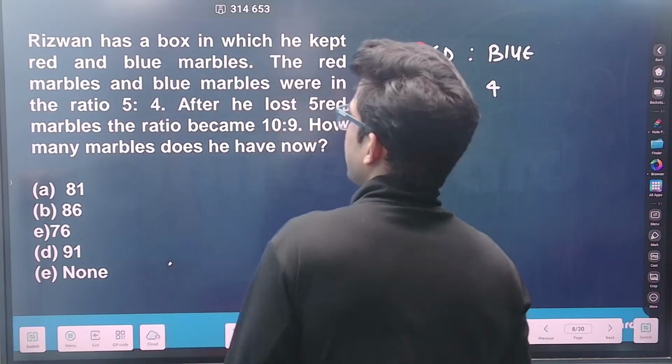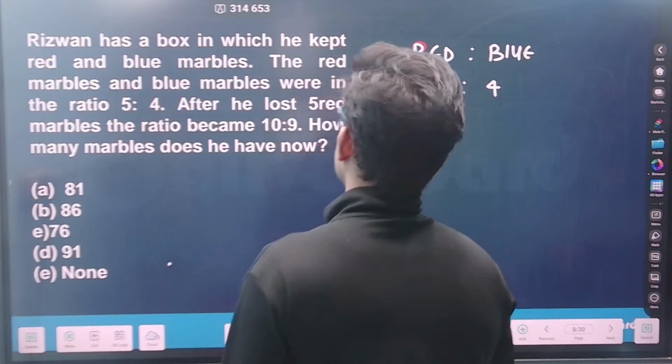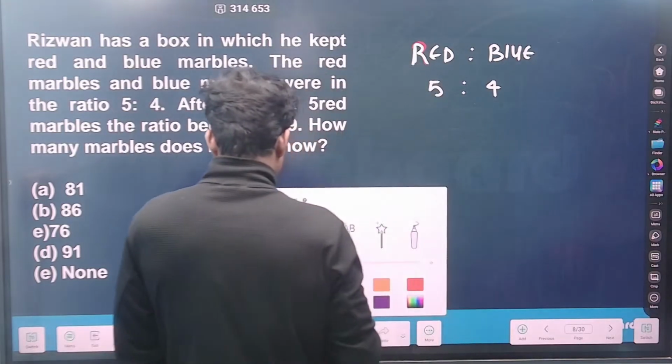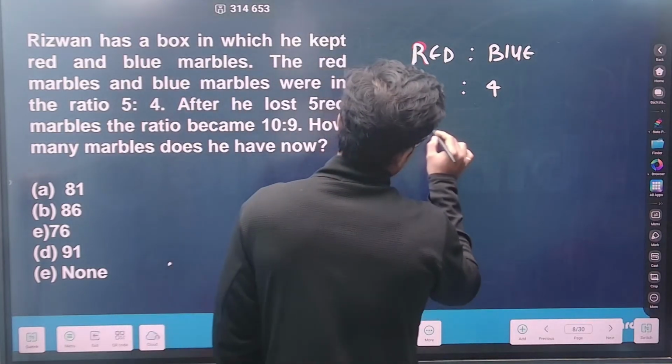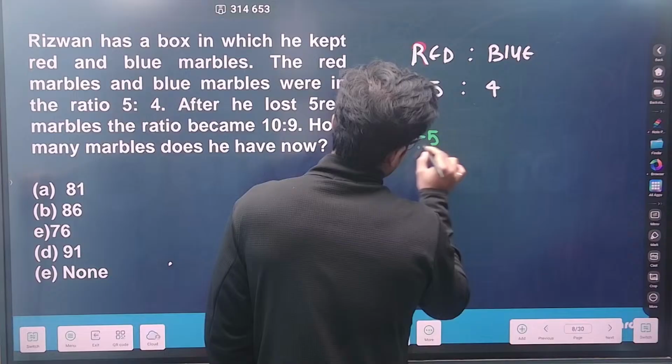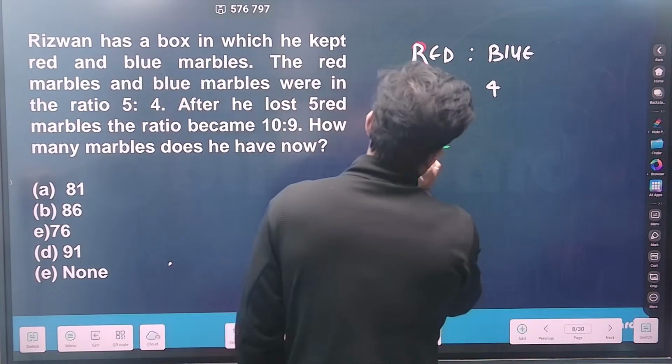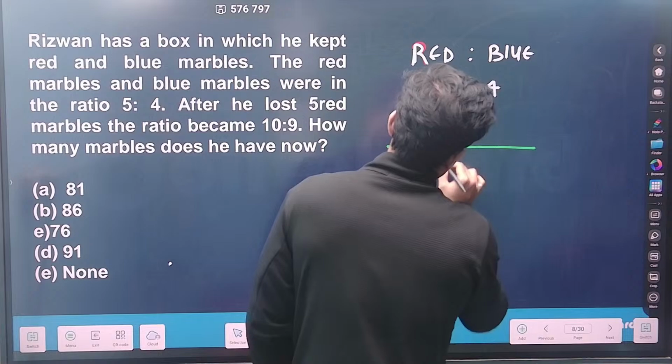After he lost 5 red marbles, so basically he lost -5, and the ratio becomes 10:9. So the whole ratio becomes 10:9.